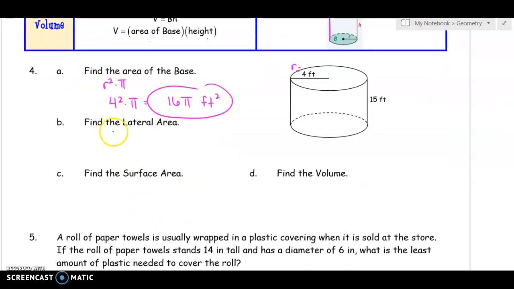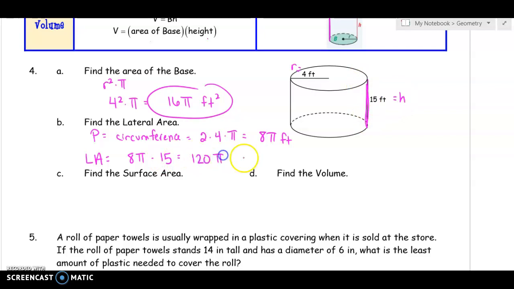Well, the perimeter of the base is the same thing as the circumference. So the circumference is 2 times radius times pi, or 8 pi feet. The lateral area is the perimeter, 8 pi, times the height. The height is the distance between the two bases, which would be 15. Multiply those together, you get 120 pi square feet.